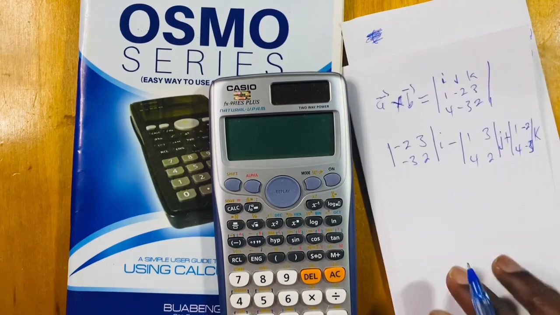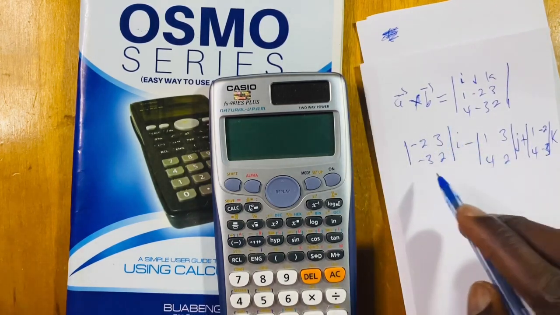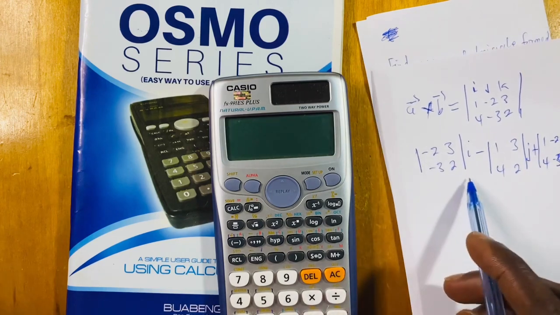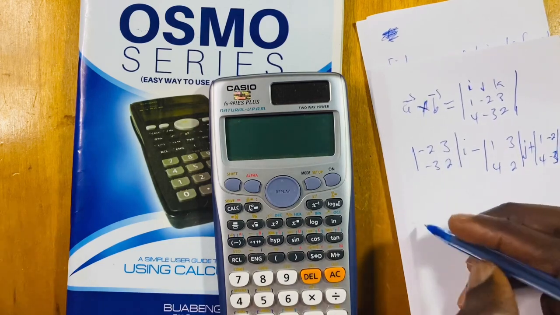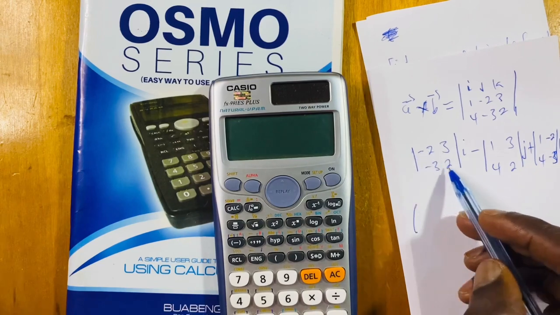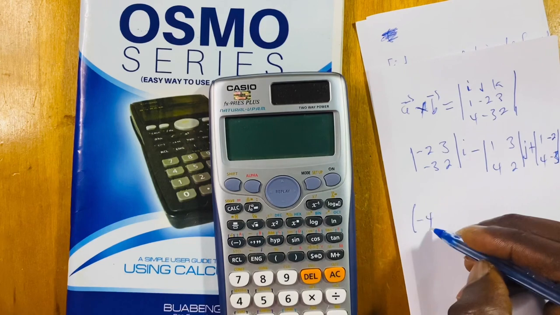Very good. Quickly, let's get the answers up. Now the magnitude of those, we need to find. How to get the multiplication done is this times this minus this times this. So -2 times +2 is -4.